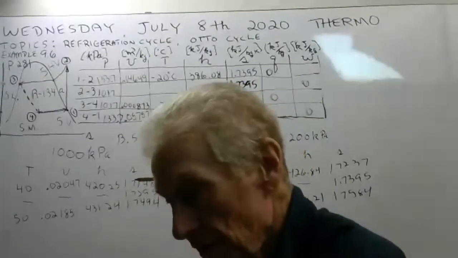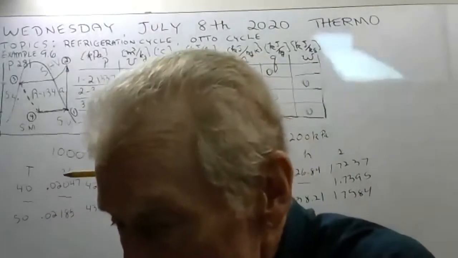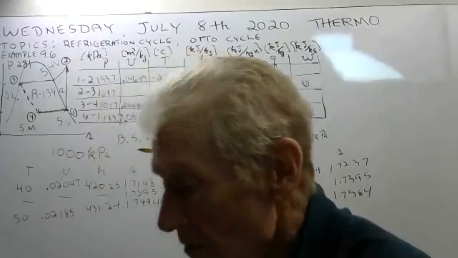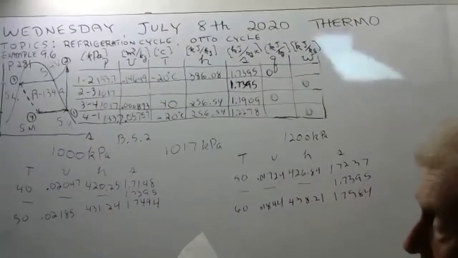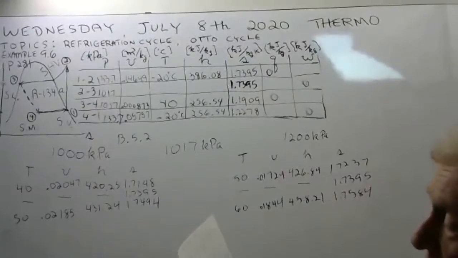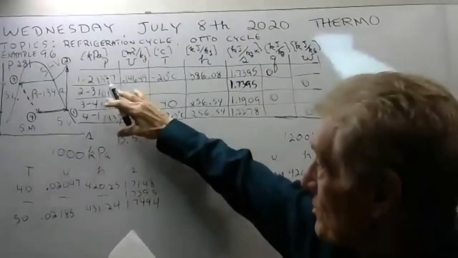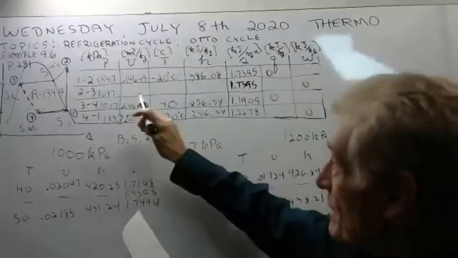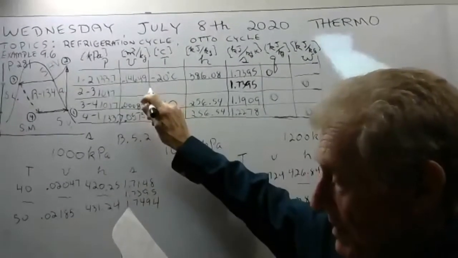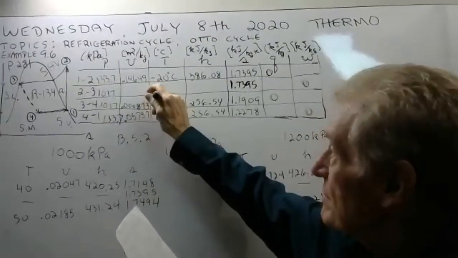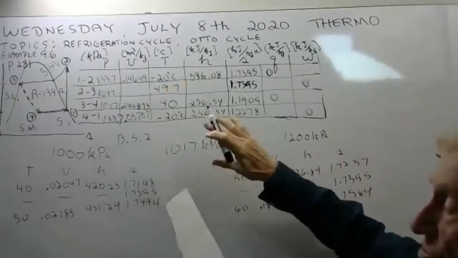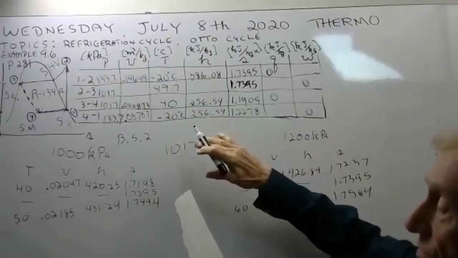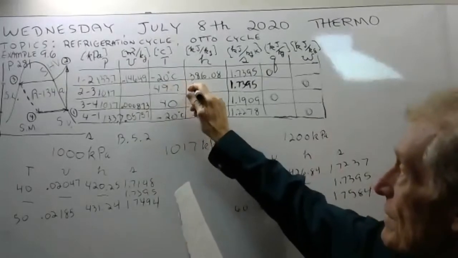Let's see, do I have these answers? Is a good question. Yeah, here they are. Tell you what, I was too lazy. I didn't get this one, but I got this one. Now these are the answers after you've gone through all this work.